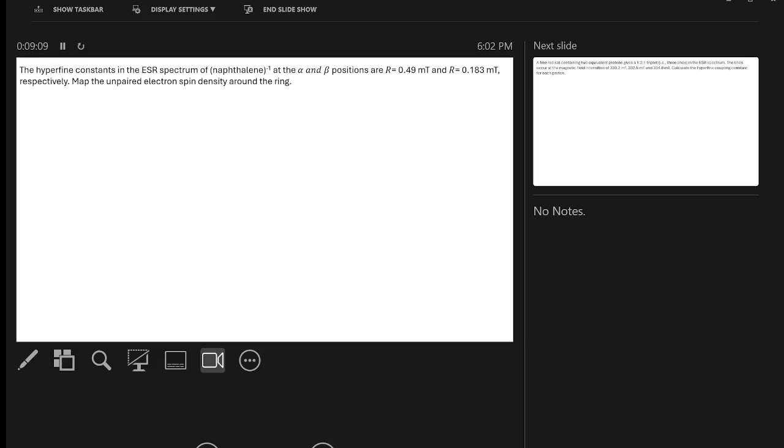For example, let's say we have the hyperfine constant in the ESR spectrum of naphthalene minus. So this is your naphthalene minus. We will try to draw the structure of naphthalene first. We will draw like this. So this is your naphthalene, and you have naphthalene minus.